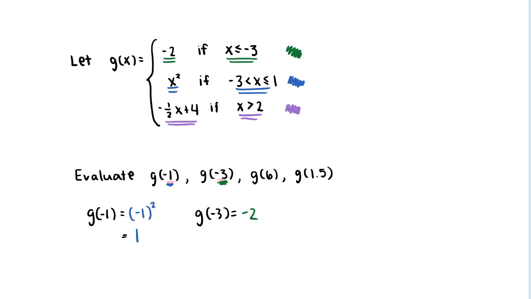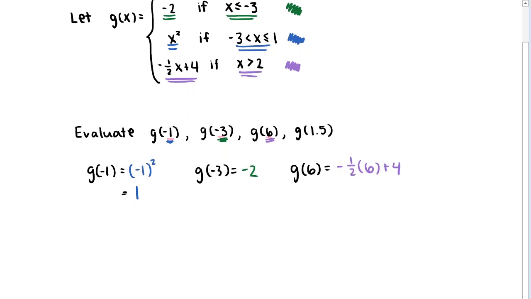What about g of 6? G of 6 says, okay, which rule do we want to use? Well, this bottom rule applies for inputs that are greater than 2. And because this input is greater than 2, we're going to use that bottom rule. So here we get g of 6 is equal to negative 1/2 times that input 6, plus 4.